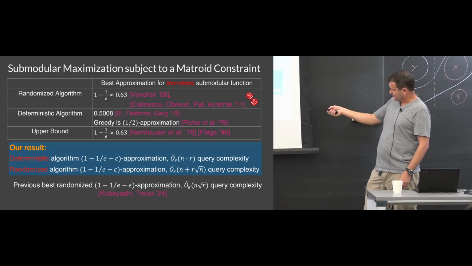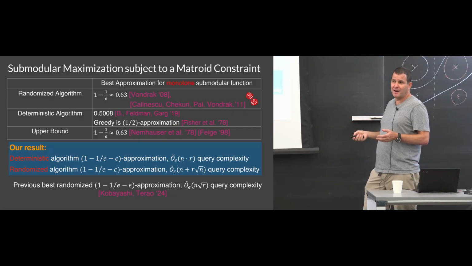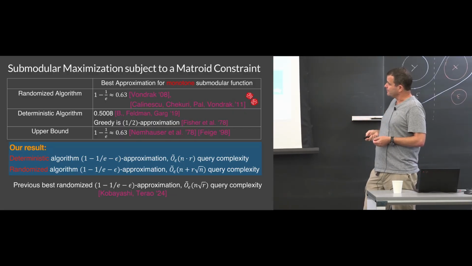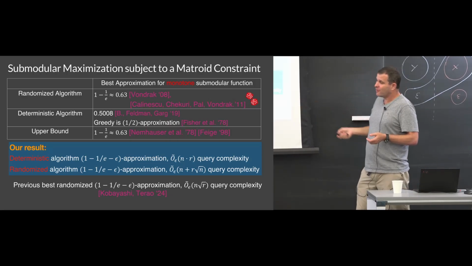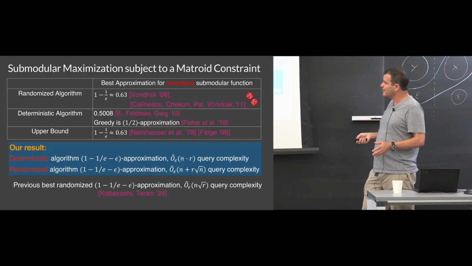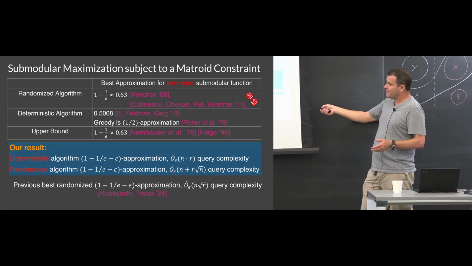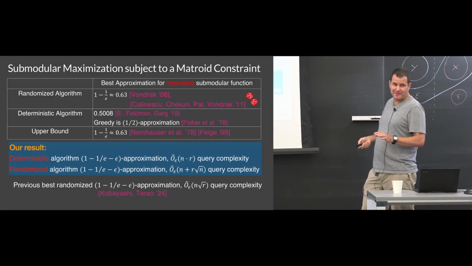So here you should think about R as large, but not too large. So think about R as something like square root of n. So this O tilde also hides some logarithmic terms and some dependency on epsilon that I will discuss at the end.